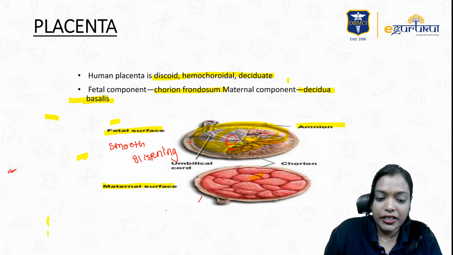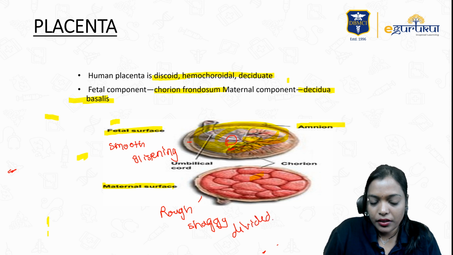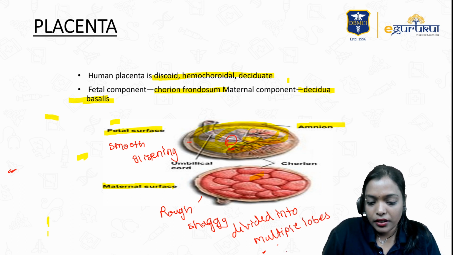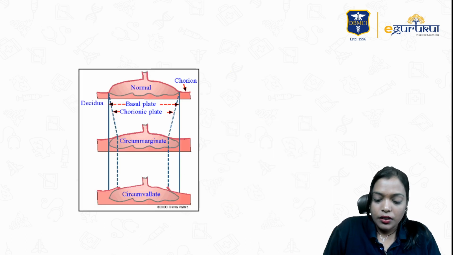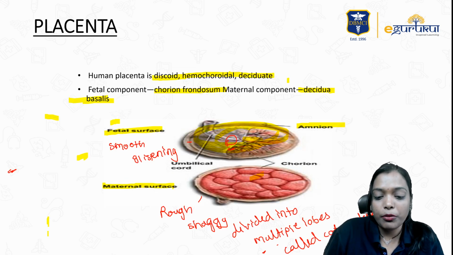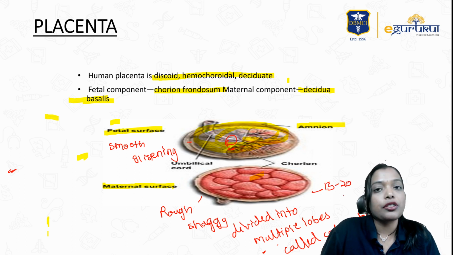But the maternal surface is rough, shaggy, divided into multiple lobes called cotyledons. You have almost 15 to 20 cotyledons, and these cotyledons are the functioning units of the placenta.